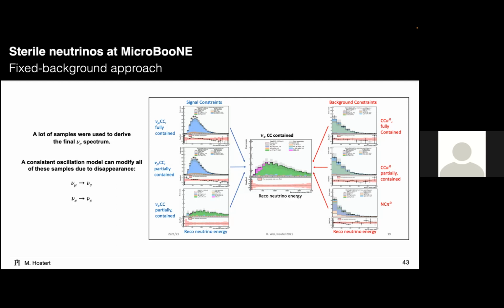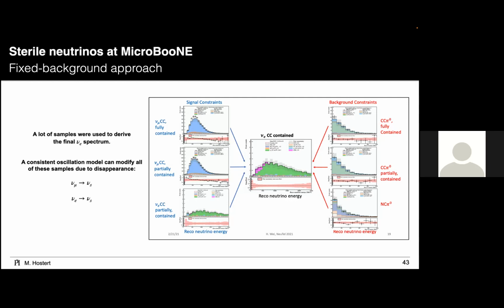So all of these other sideband data and other measurements that MicroBooNE does in order to derive their main signal for the appearance signal, they also have to be oscillated in a way. So the oscillation may impact your sideband samples. So for example, the overall normalization that is set by the nu mu charged current measurement, that can get modified by nu mu disappearance. If a lot of your nu mu's are disappearing, you would artificially change your normalization of your flux and absorb that effect, thinking that it does not come from new physics.